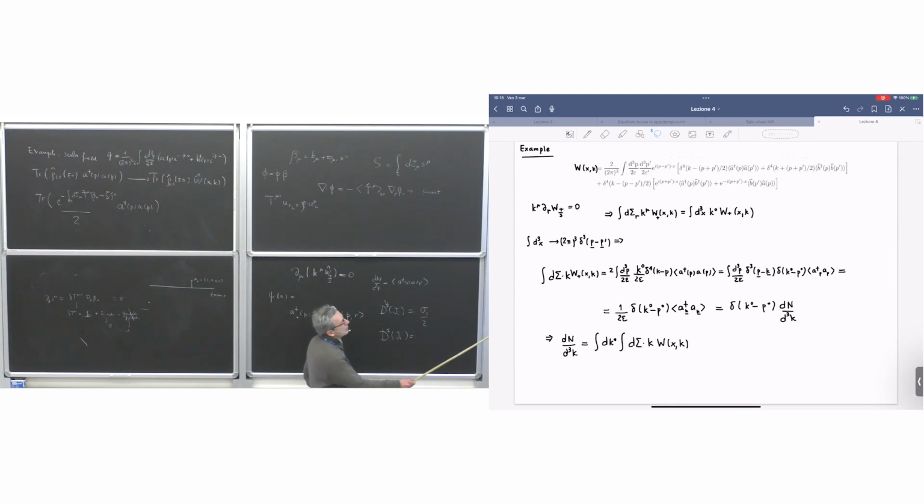So now you can integrate d3x W plus (x,k) here.